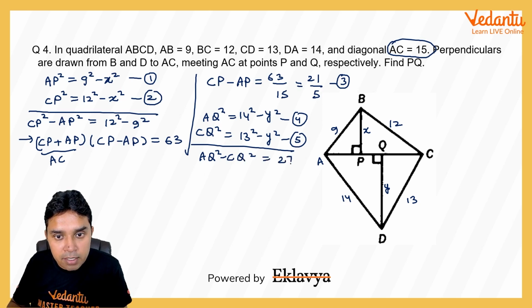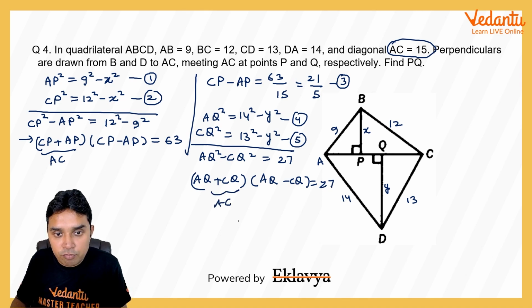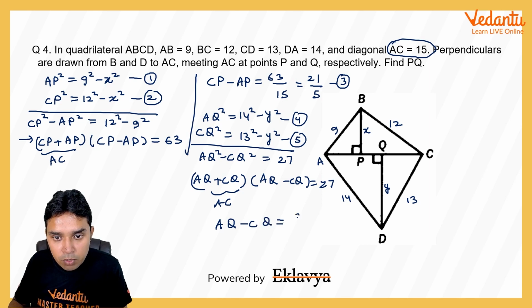I can write this directly as 27. In this also, AQ plus CQ is actually AC, and then AQ minus CQ is equal to 27. So this is AC, I can write this as 15. So we get AQ minus CQ to be equal to 27 upon 15, which is 9 upon 5. And this is my equation number 4.